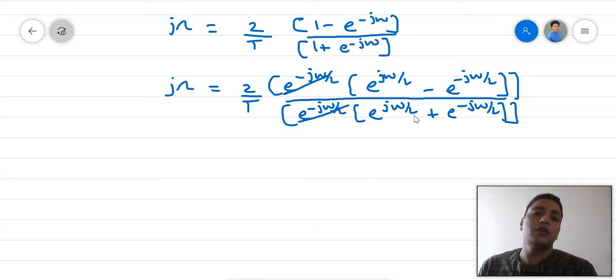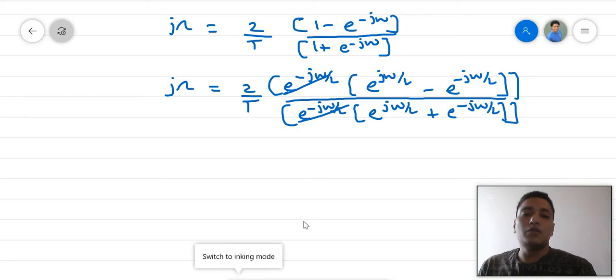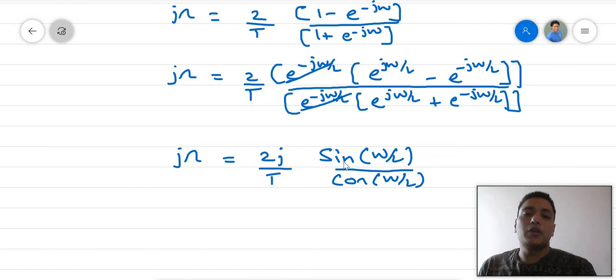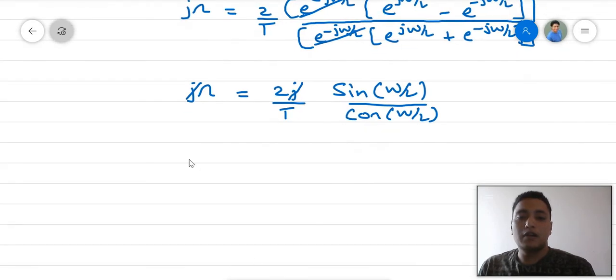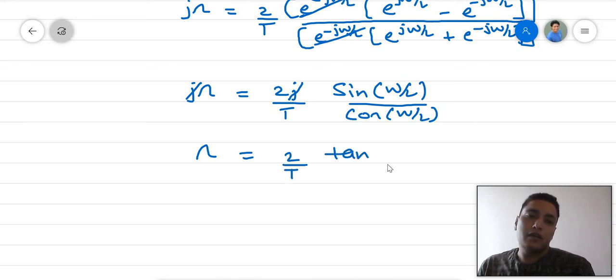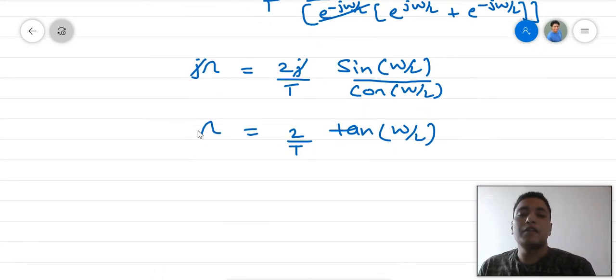Similarly, exponential j omega by 2 plus exponential minus j omega by 2 can be evaluated as a cosine function. So we do the necessary substitution and get j omega equal to 2j by T times sine omega by 2 divided by cos omega by 2. This j and this j cancel out, so we get omega equal to 2 by T tan omega by 2. This relation is for analog frequency.